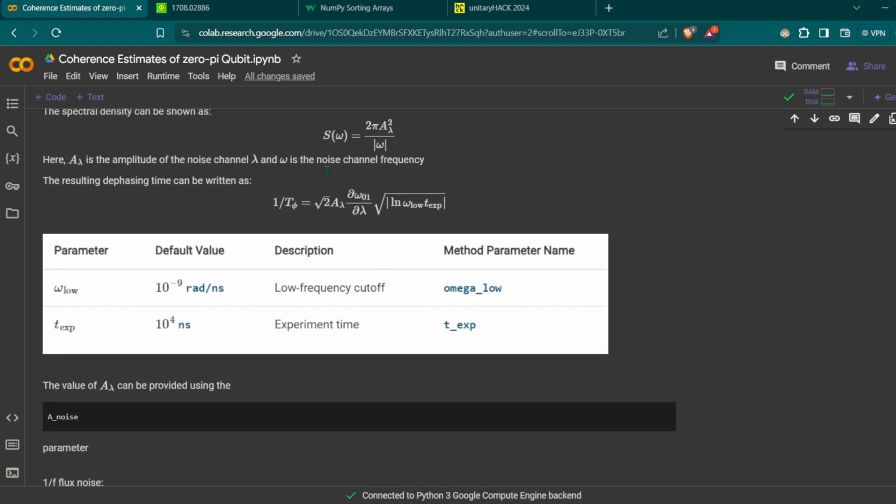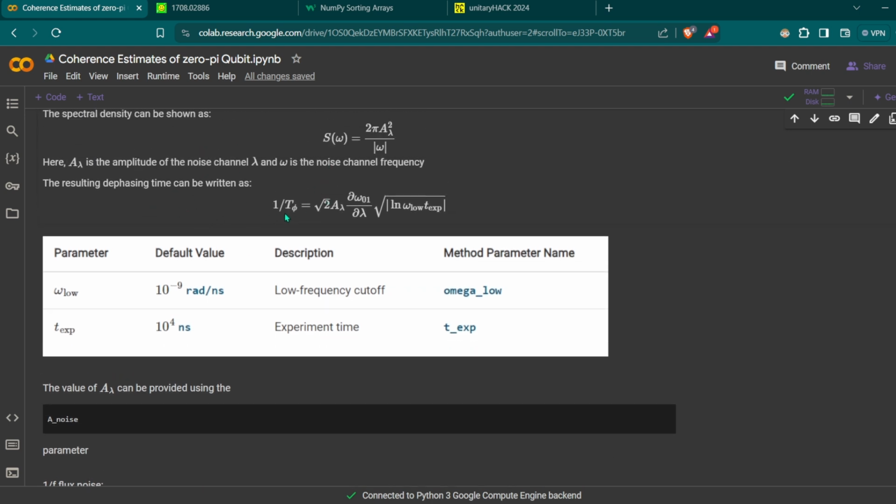From this we can write the dephasing time as 1 over T_phi equals the square root of 2 A lambda times the partial derivative of omega 01 with respect to lambda, and under the square root we have the log terms, omega low and t experimental. What do all these terms represent?